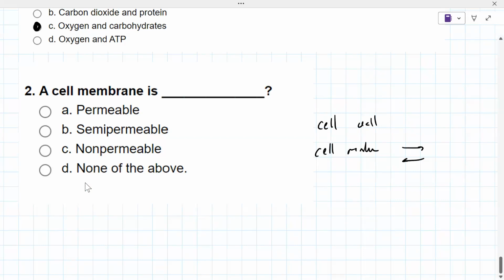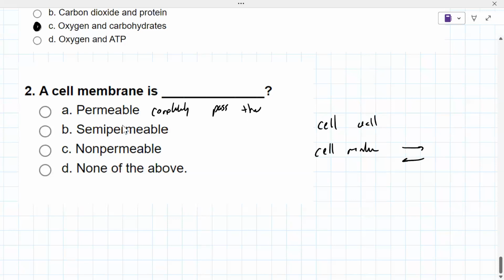The idea of permeable is that it's completely open, completely pass through. And we know that a cell membrane is not.